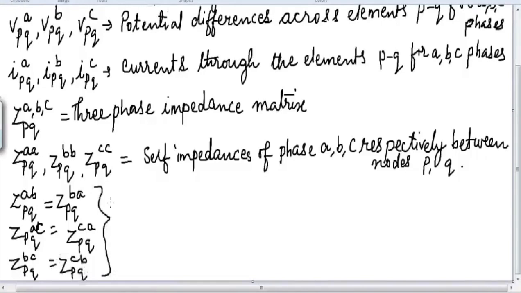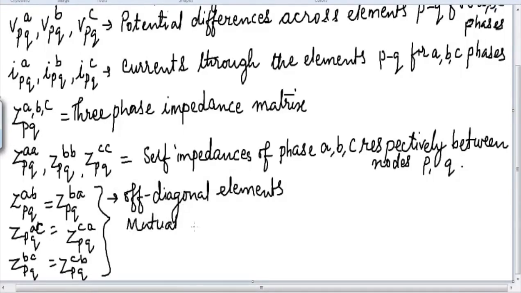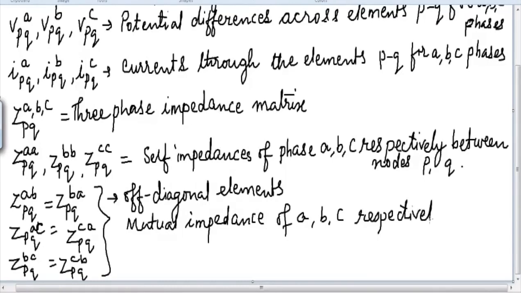These are the off diagonal elements, and these are nothing but the mutual impedances of A, B and C respectively between nodes P and Q. Okay, so this is all that we have written with respect to this equation which we have written just now.